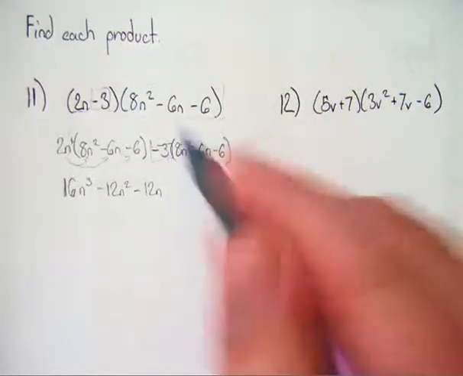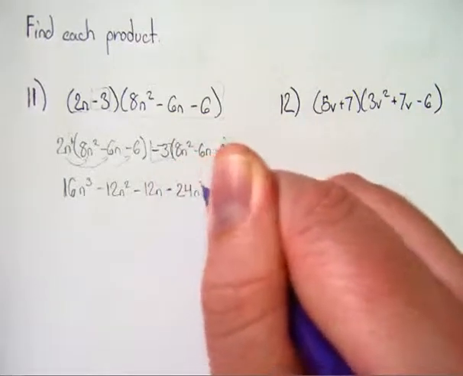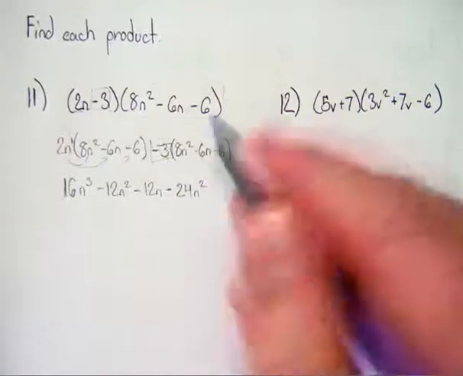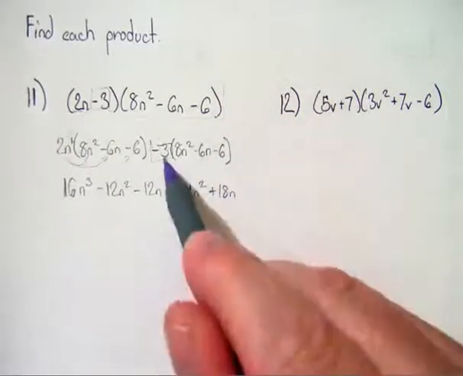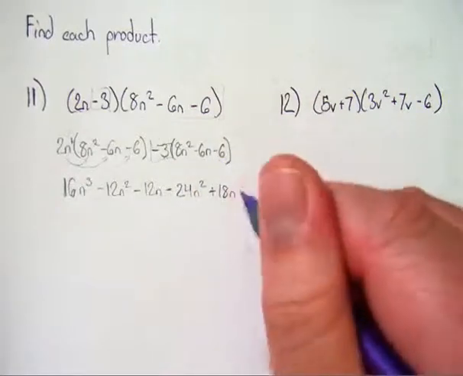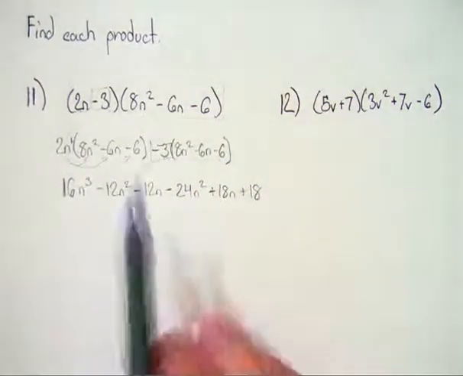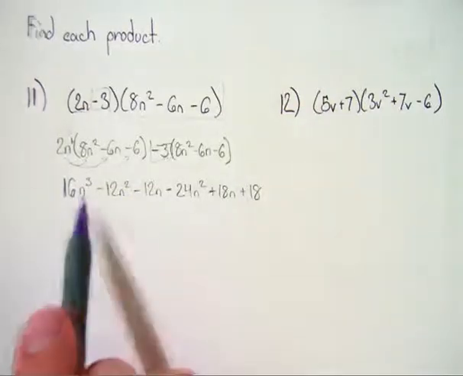Negative 3 times 8n squared gives you minus 24n squared. Negative 3 times negative 6n will give us positive 18n, and negative 3 times negative 6 will give us positive 18. So now I have a rather long polynomial, and I need to combine like terms.